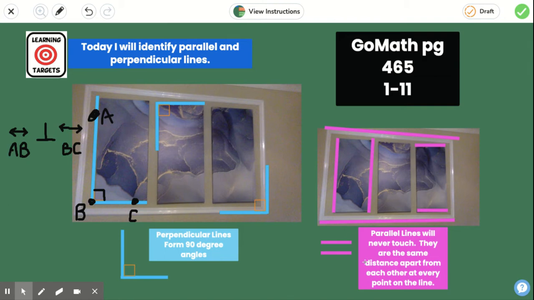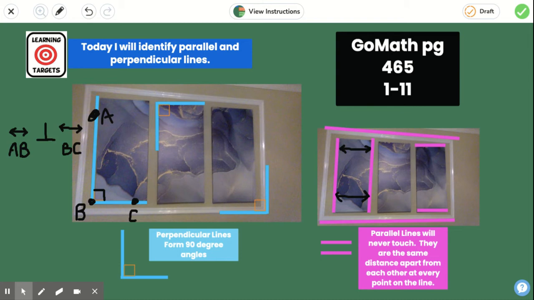Now, parallel lines, these are special lines. They are never going to touch. They're always the same distance apart from each other. So if you look at this one, from here to here, these lines will never touch. If they were to continue and keep going on and on forever, they would never ever come together and meet.